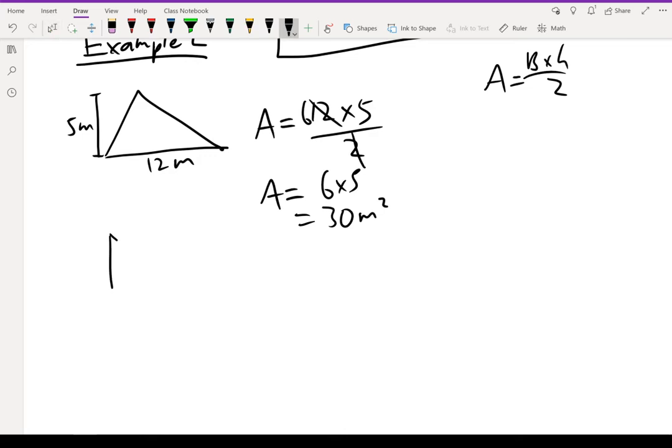Let's say our triangle looks like this. And then this distance over here is 8 meters. And then let's also say that, I'm going to draw a gray line over here. And then I'm going to say that this distance over here is 6 meters.